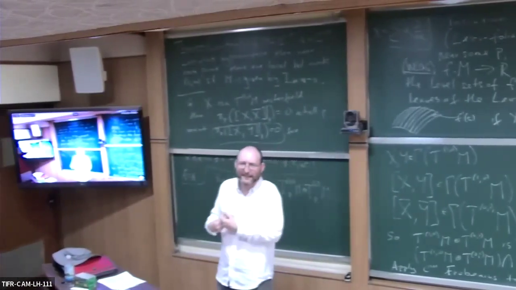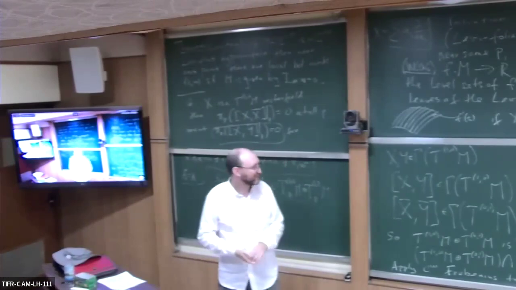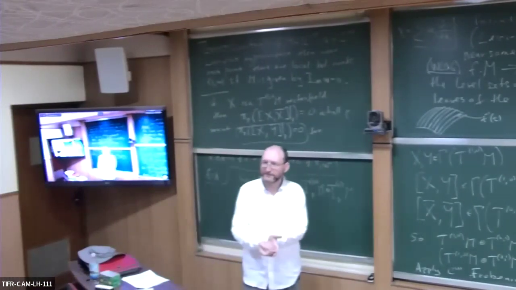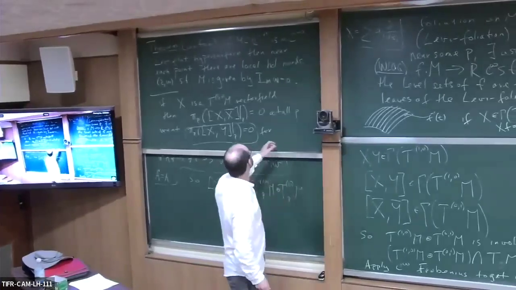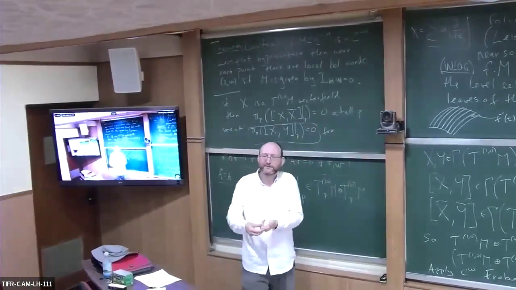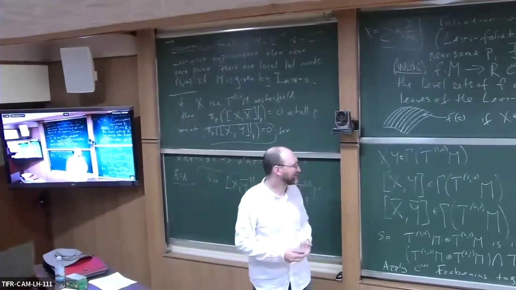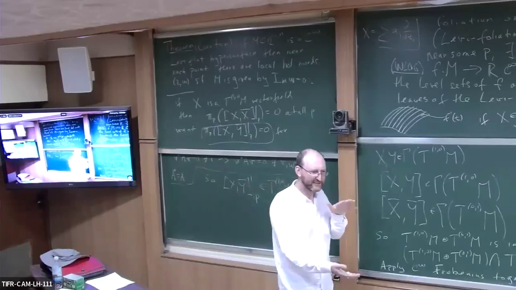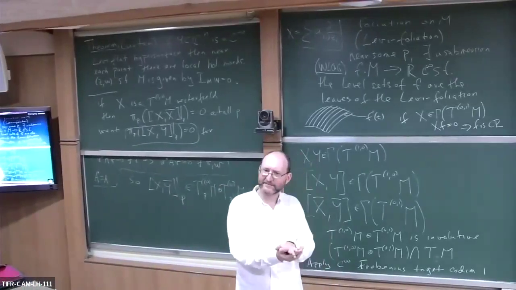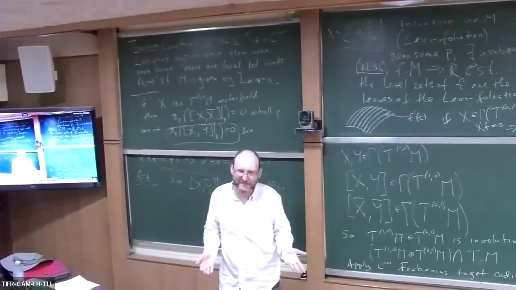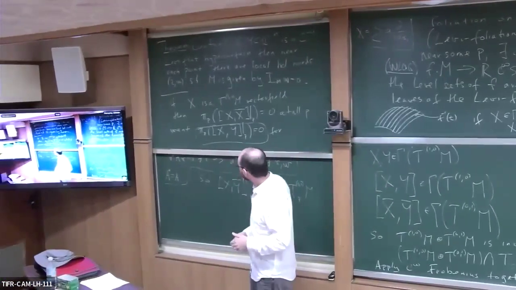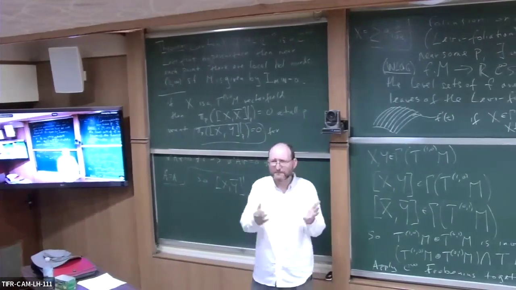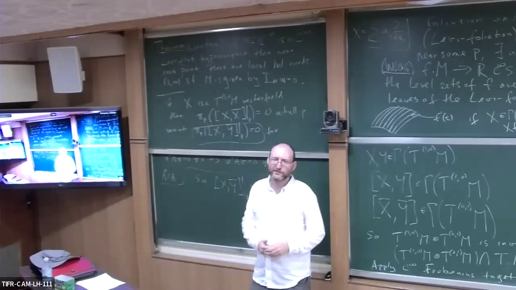You maybe intrinsically can't tell the difference, but you cannot make a holomorphic change of coordinates in the ambient space to make it this, right? So in some sense, smooth ones are also not too bad. You're getting quite a bit, at least as far as the CR geometry intrinsically is concerned. They are basically the same, but if you're thinking of these as existing in some ambient space, then you don't know, right?